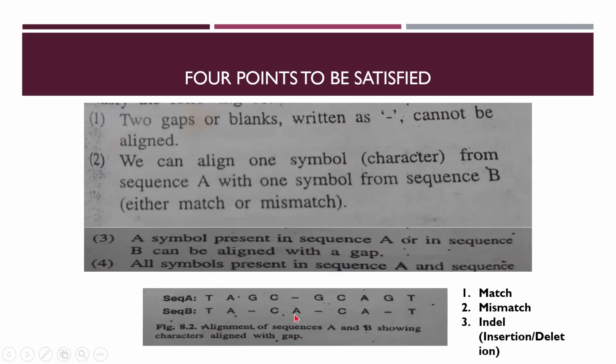So the fourth criterion is that all the characters present in sequence A and all the characters present in sequence B should be present, and they also should be present in the same order, but the position can be changed because of the introduction of the gaps. I hope you are able to follow it.